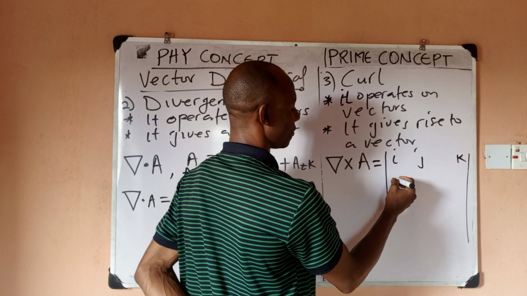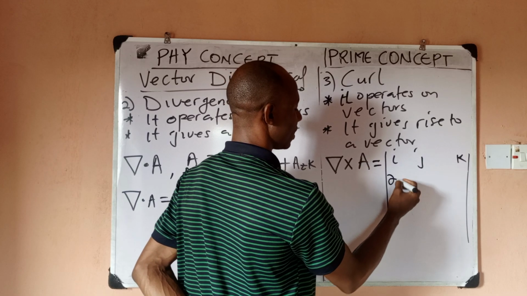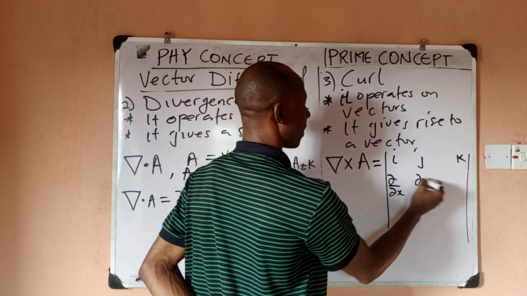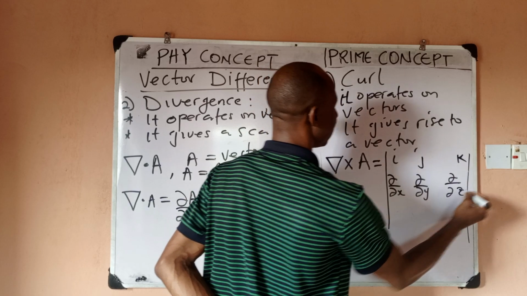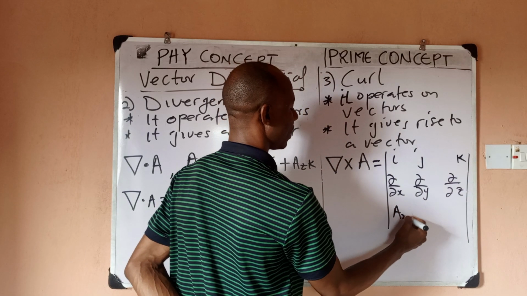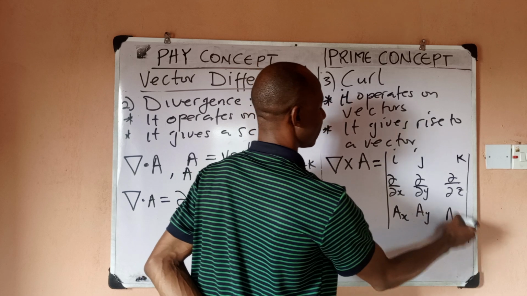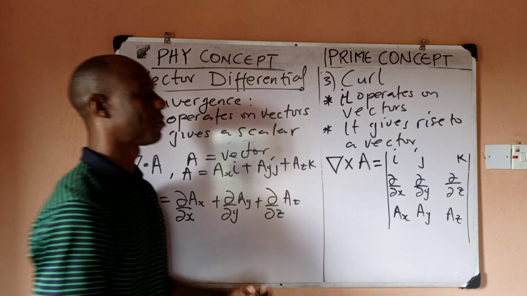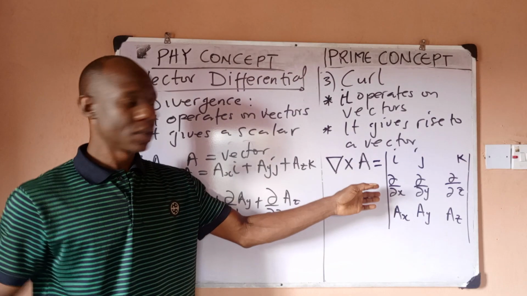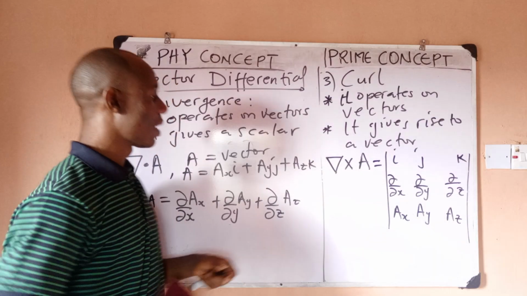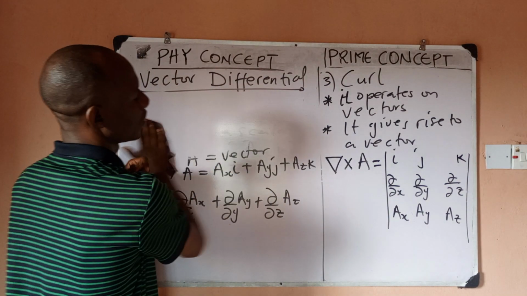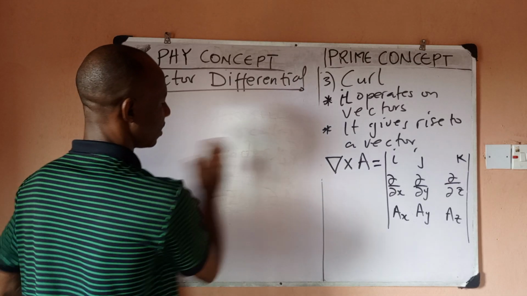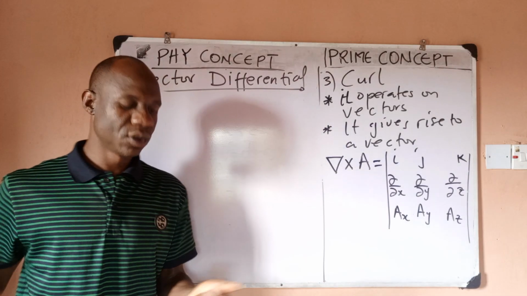Then I have d/dx, d/dy, then d/dz. Then I have Ax, Ay, and then Az. So this is how we can find the curl operator. And very quickly, let me just bring out this formula. There's no point going further, since we'll be solving an example still in this video. We'll be learning how to use this.